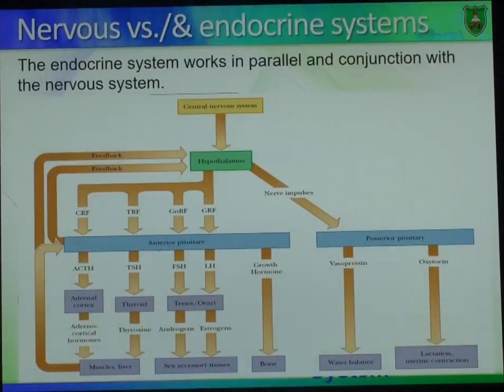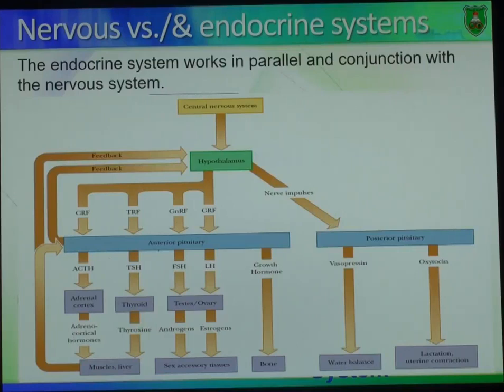Now, a fascinating aspect of the endocrine system is that it works in conjunction with the nervous system. So you would have the nervous system affecting and regulating the endocrine system, and vice versa as well. The central nervous system affects the hypothalamus.